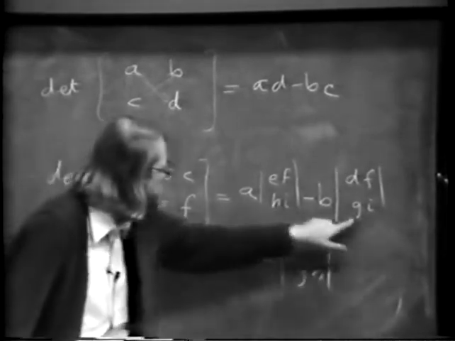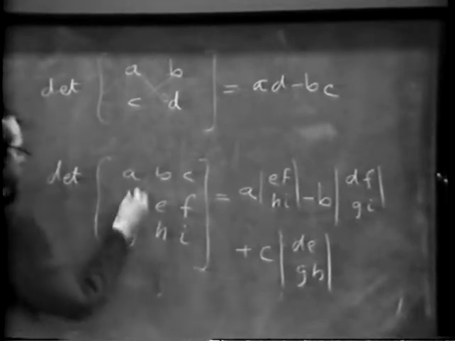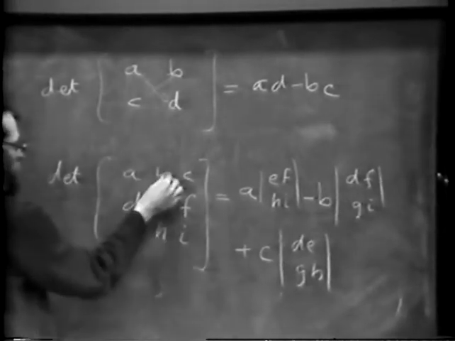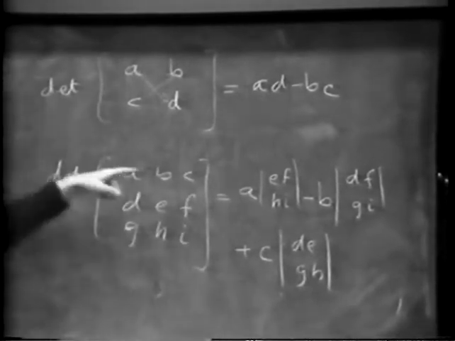It's in terms of these three 2 by 2 matrices, which you plug into this formula to find out. The trick here is that you take A times this thing, minus B times its thing, plus C times this thing. You alternate the signs going across the top row.